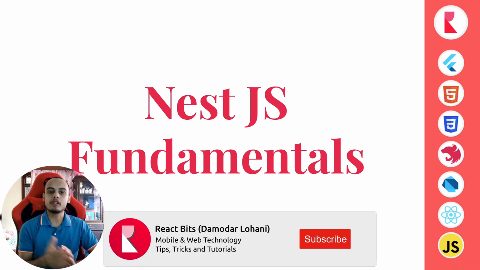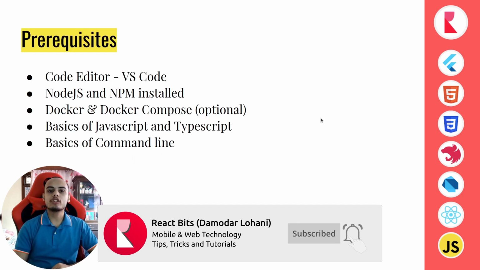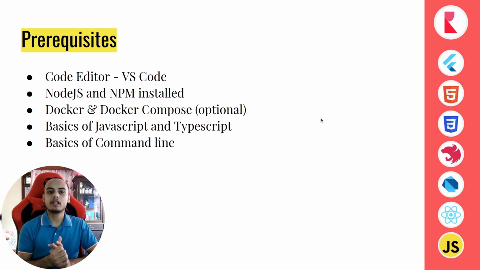Before you begin with this tutorial, make sure you have the following things. You need to have a code editor installed, and I prefer VS Code. It will be easier for you to follow because I'll be using Visual Studio Code and some of its features. Next, you absolutely need to have Node.js and npm installed, and instead of npm you can also use the yarn package manager.